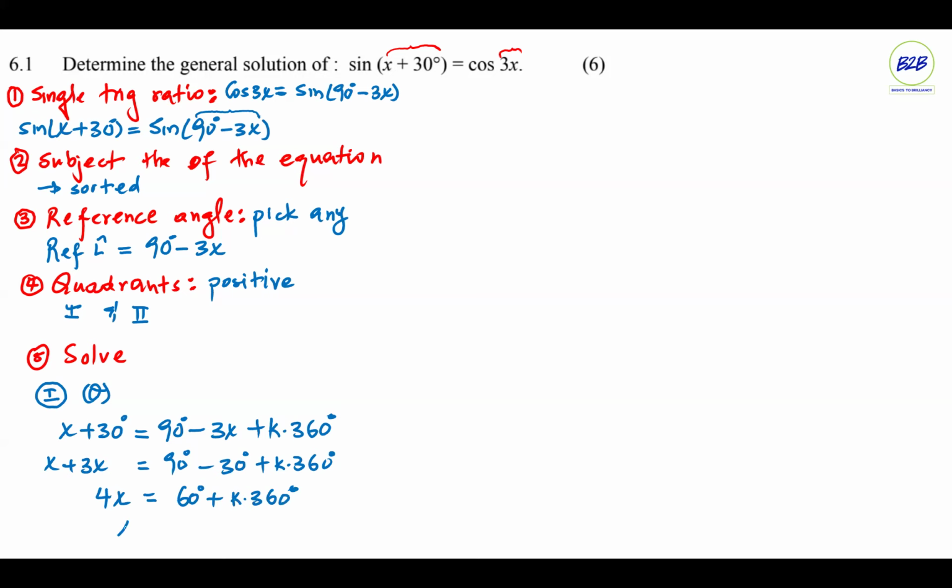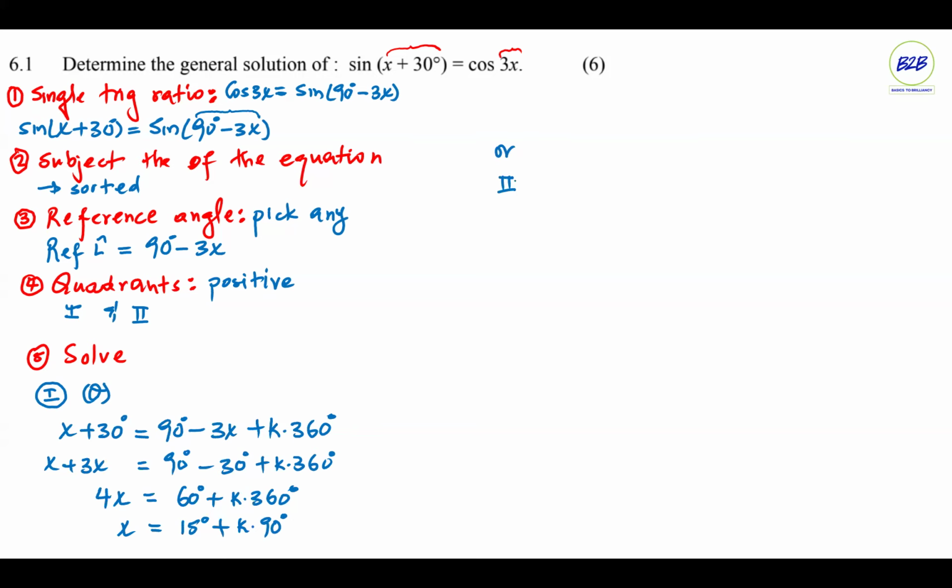Then we divide by 4 on both sides of the equation. 60 divided by 4 gives us 15 degrees, and k times 360 degrees divided by 4 gives us k times 90 degrees. Right. Then we go to our second quadrant.